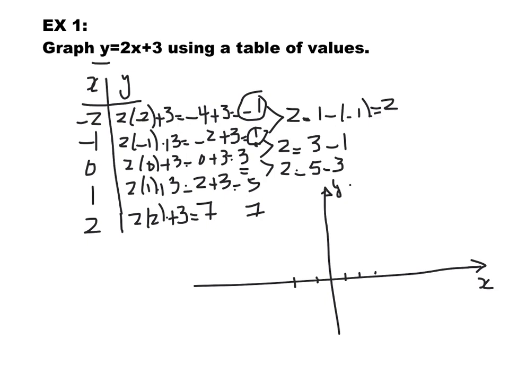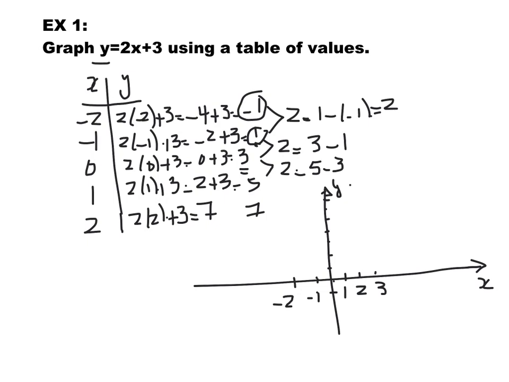This is the origin here, then this is 1, 2, 3, -1, -2. Then the y values go from -1 to 7. So this is -1, 1, 2, 3, 4, 5, 6, 7.